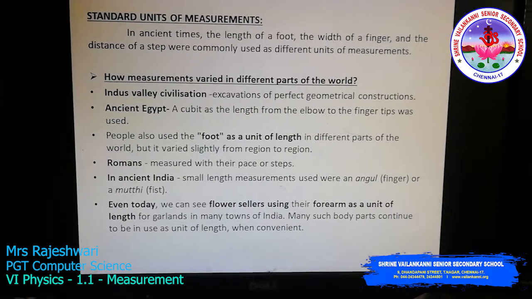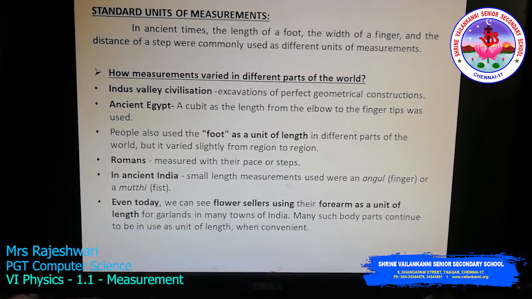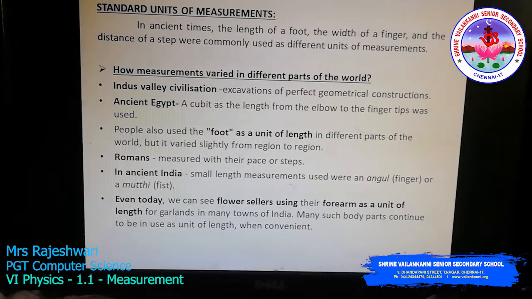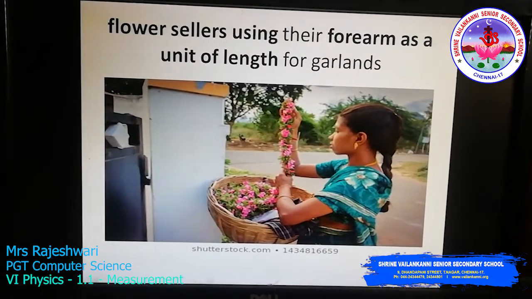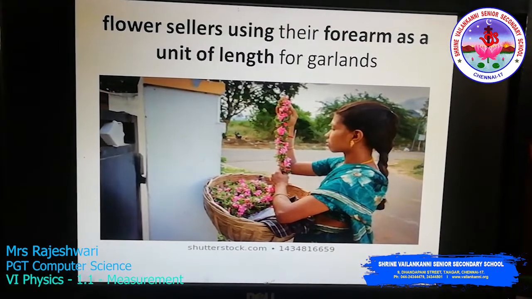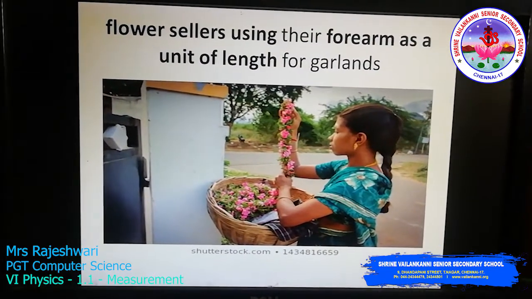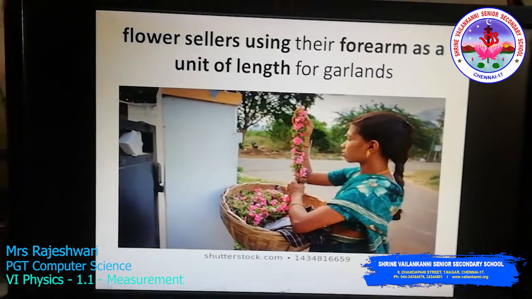So many such body parts continue to be in use as a unit of length when convenient. I'll show you a picture related to this example. Look at this lady who is measuring the flowers using her forearm. Yes, they use their forearm as a unit of length for garlands. This is how they sell the flowers to the customers.